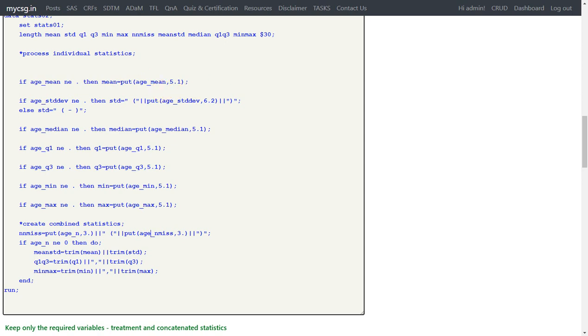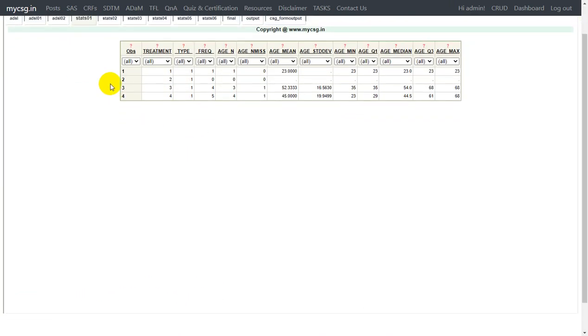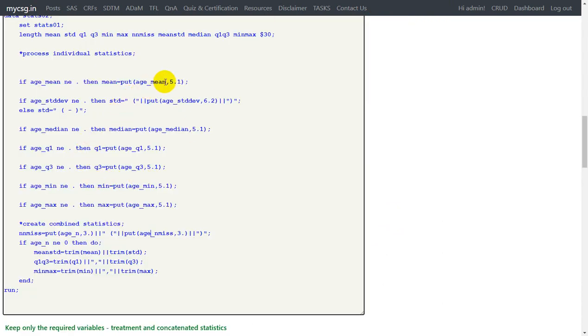The statistics that we get out of proc means or proc summary are of numeric type, and they have different, more number of decimal places. So we are handling that here using the appropriate number of decimals using the put function, and then converting them into character values, and then concatenating those individual statistics into combined statistics as per the presentation requirement.